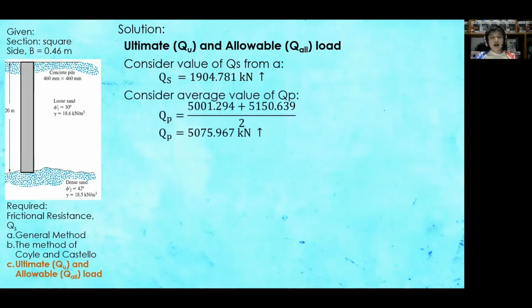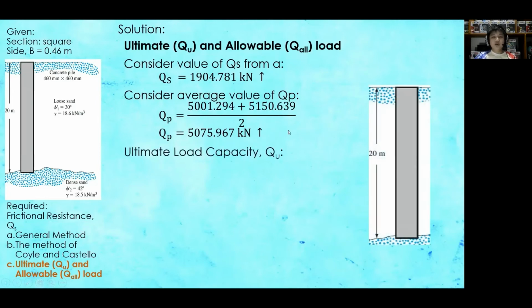So considering the average value of Q sub P from our discussion of point bearing capacity, or load capacity, Q sub P is equal to 5,001.294 plus 5,150.639 divided by 2, or Q sub P is equal to 5,075.967 kilonewtons.